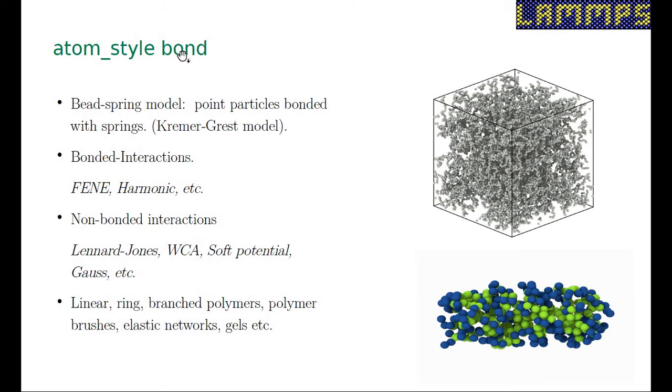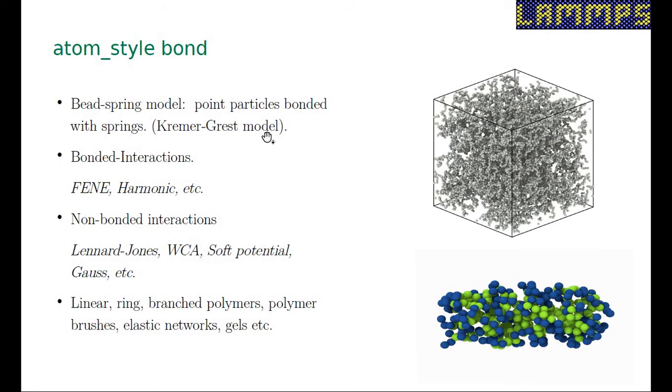So, in the atom-style bond, we can model coarse-grained polymers by using the bead-spring model, where point particles are linked with springs using the Kremer-Grest model.